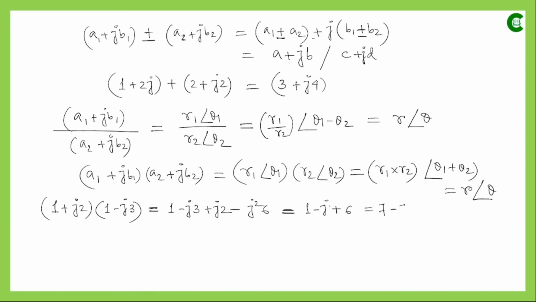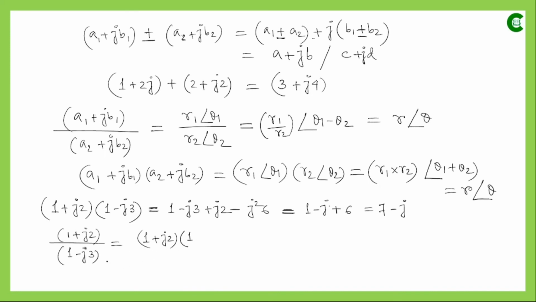So finally it will be 7 minus j. And suppose we have these two data and we want to divide them, then we can also do it this way: 1 plus j2 divided by 1 minus j3. What we can do is multiply both numerator and denominator by the conjugate of the data in the denominator.